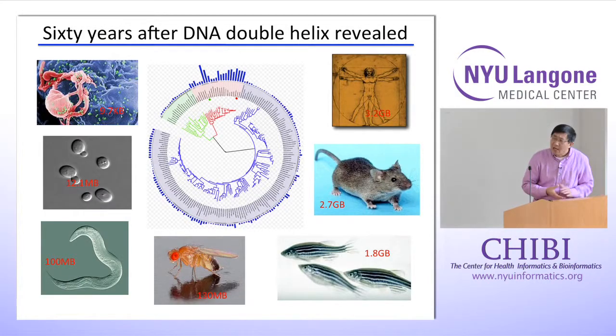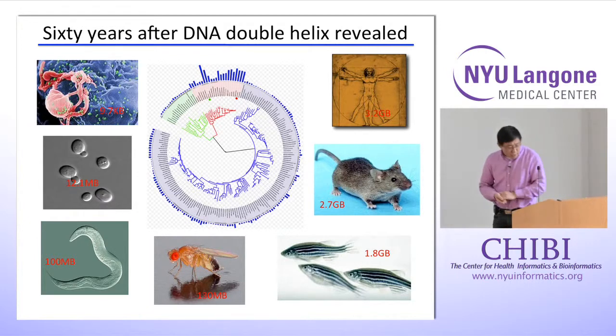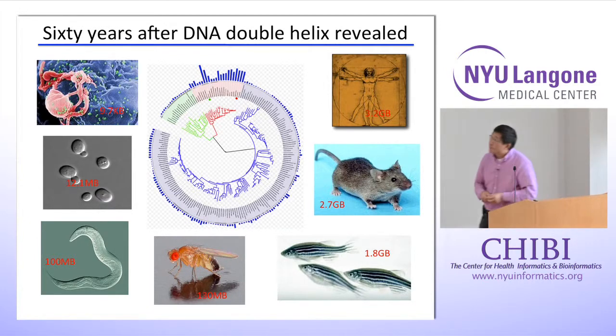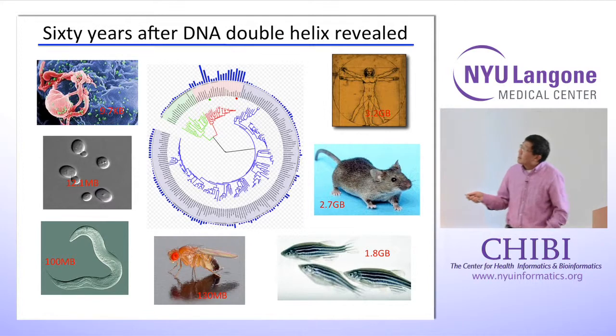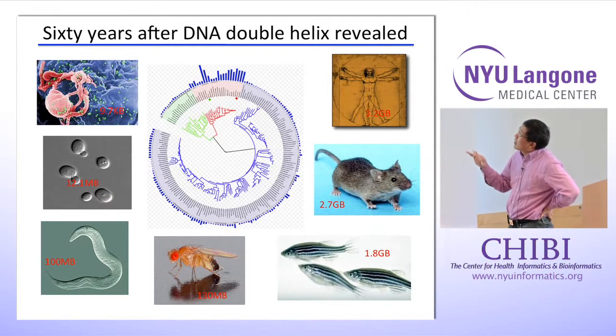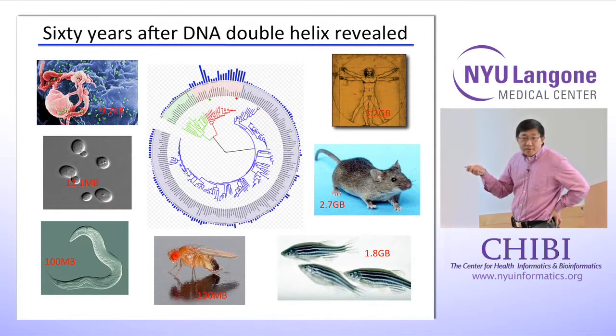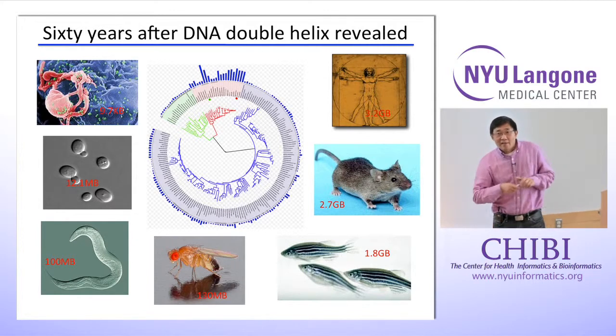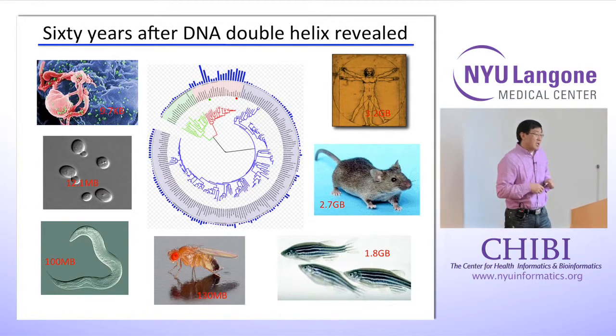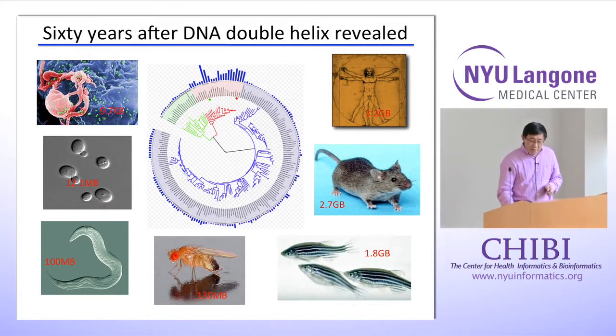I want to highlight some model systems here. The first one is the virus, which is about 10 kilonucleotides. Underneath is the yeast.